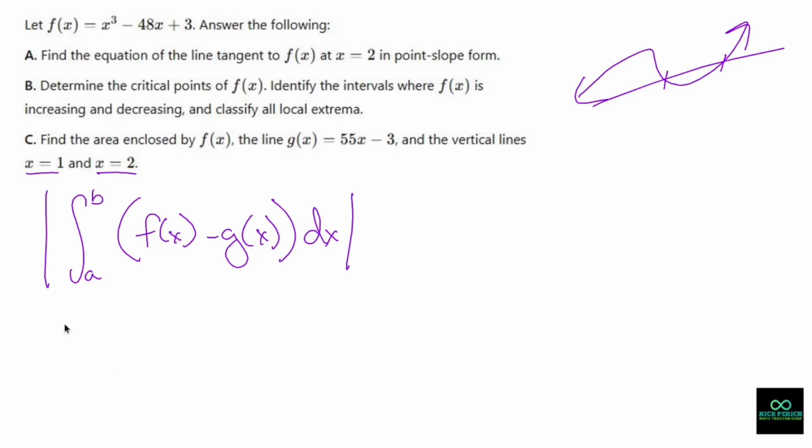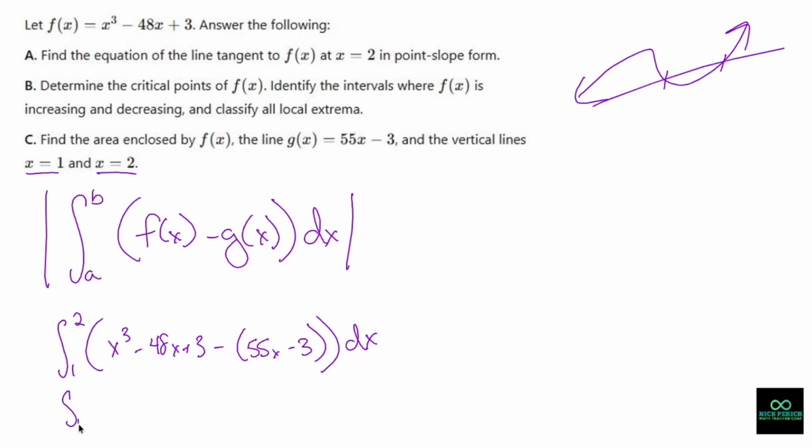So the integral that I'm going to write out is going to be the integral from 1 to 2 of f of x, so x cubed minus 48x plus 3, minus g of x, which is going to be minus 55x minus 3. Close it, dx.